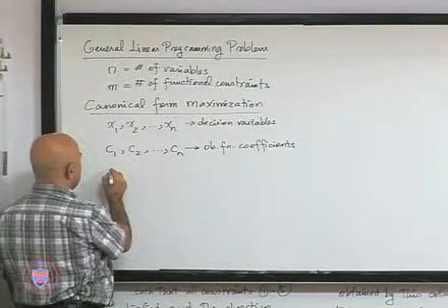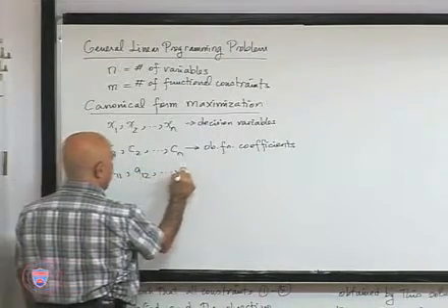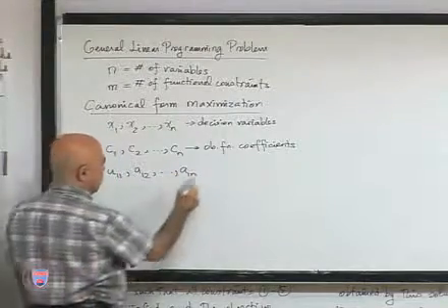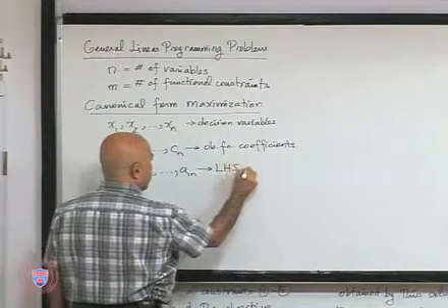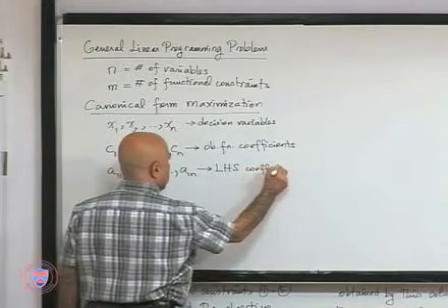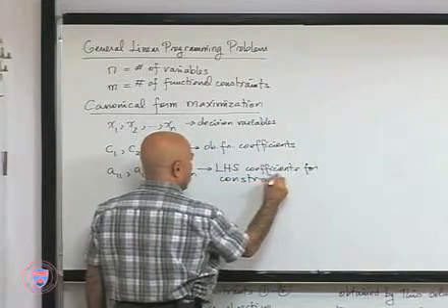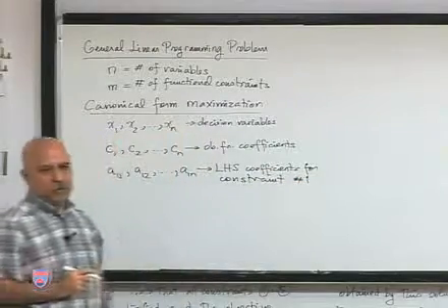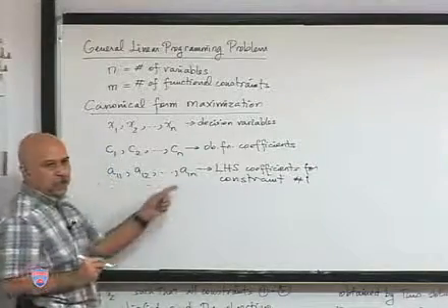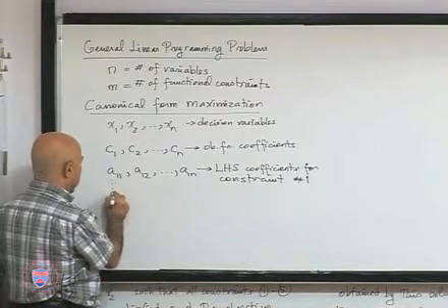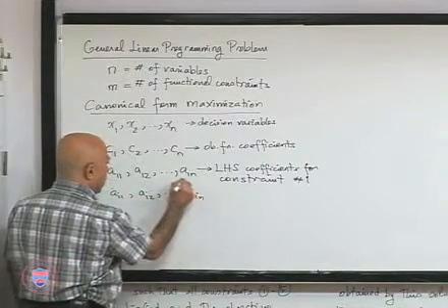Then I've got numbers A11, A12, A1n. These are numbers. These are the left-hand side coefficients for constraint number 1, the first functional constraint. And then, of course, you've got such numbers for each constraint. The ith one will have Ai1, Ai2, and so on, Ain.